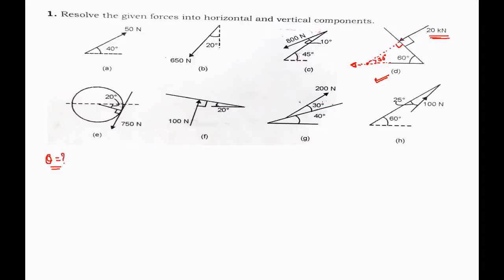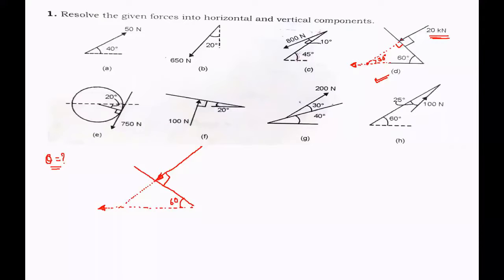So I will draw the figure again. This angle is given 90 degree. This angle is 60 degree. So just extend this line such that it will meet the x-axis.